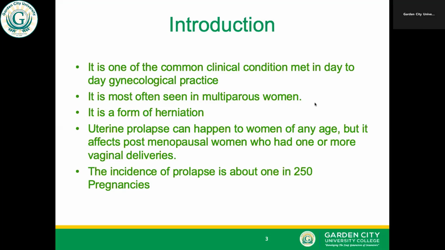So please, uterine prolapse, as we all know it. Uterine prolapse is when the uterus moves from its original position to a different position, or when there is a herniation of the uterus.